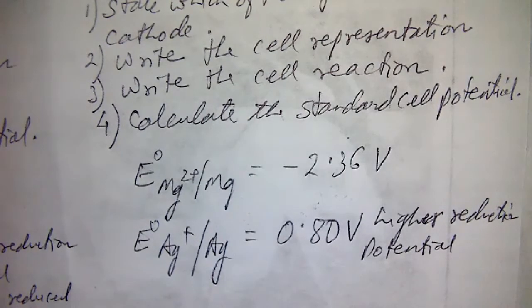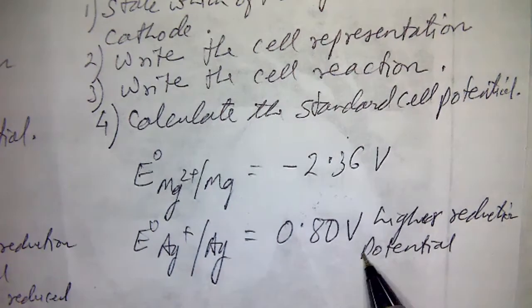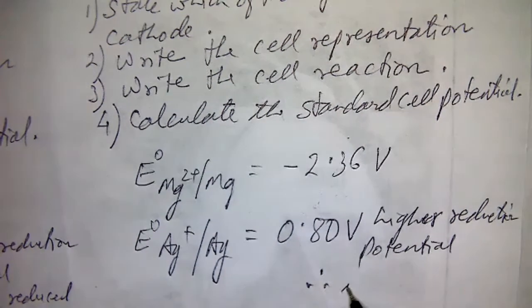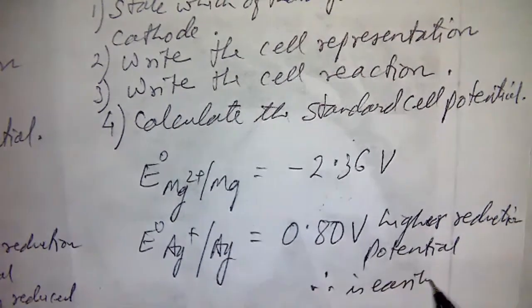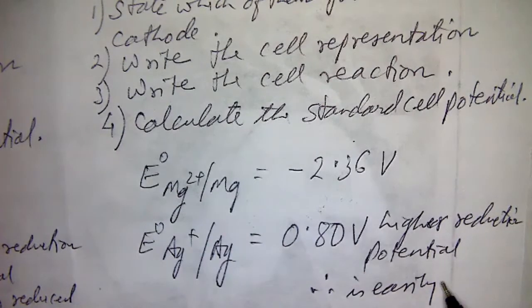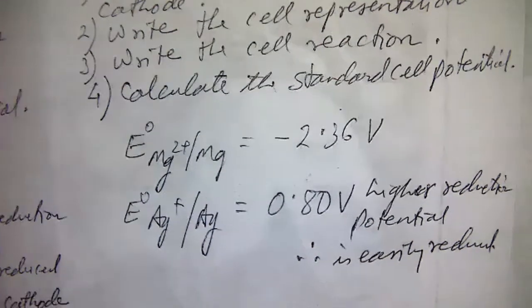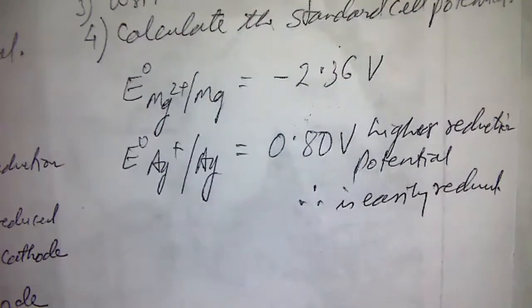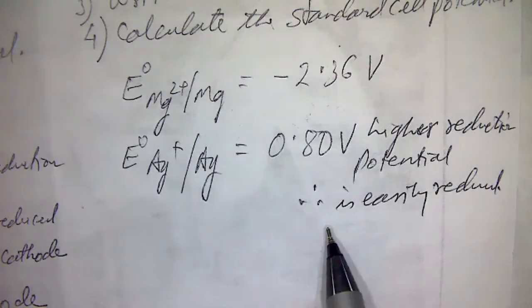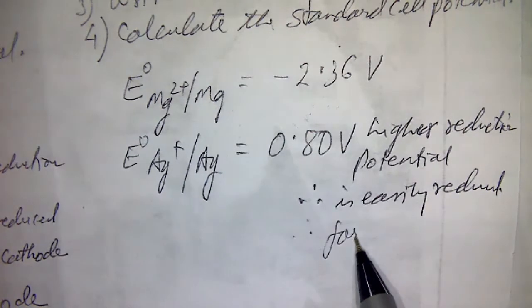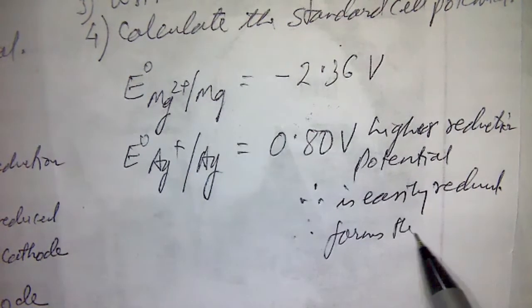Therefore, it is easily reduced. Whichever has higher reduction potential will easily be reduced. So it is easily reduced means therefore forms the cathode.